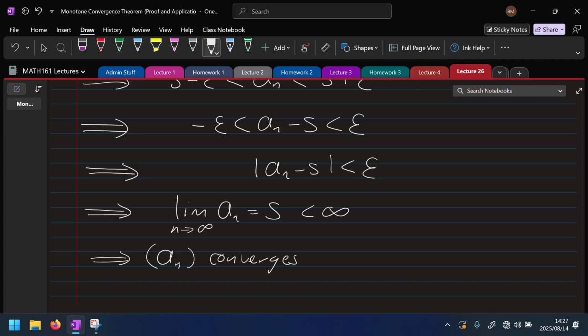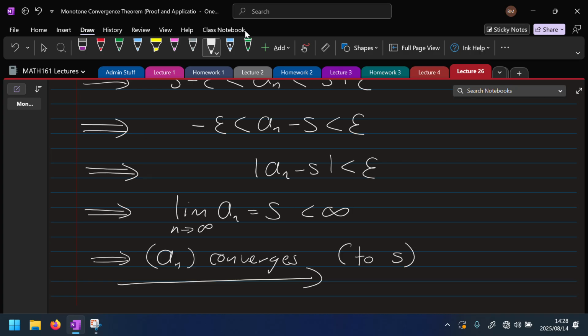In fact, it converges to S, but we don't need to know that. We just need to know that it converges. Any questions about this last part of the proof?